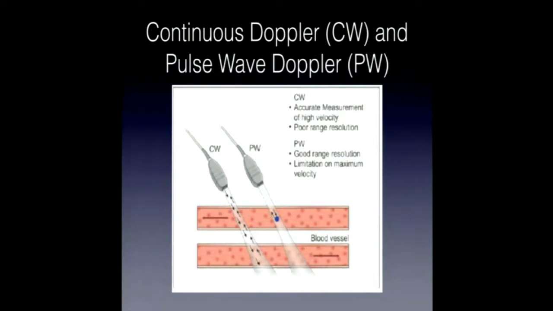And we can vary that point, and that's called pulsed wave Doppler. And that is quite limited by the sample rate or the Nyquist limit. But it is very useful because we know exactly where we were listening. So there's an upper limit to how fast we can measure blood flow with the pulsed wave Doppler.